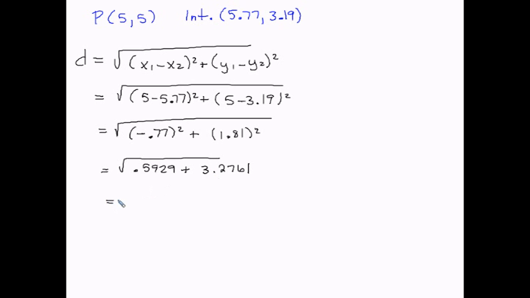Adding those together, I get the square root of 3.869, and I take the square root of that, and it gives me 1.97. So the distance is almost 2.